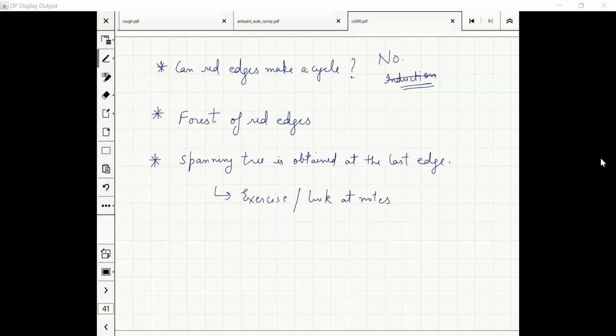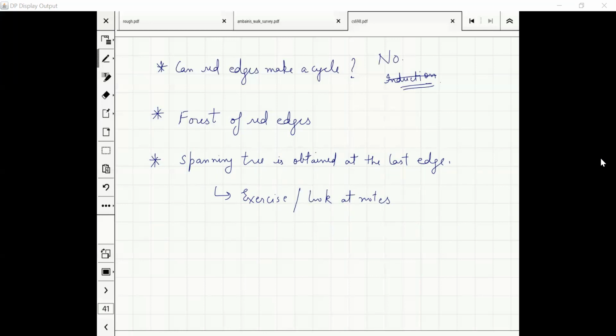You have to remember that if you fix a spanning tree and pick any other edge from the graph, that edge is going to create a cycle in that spanning tree. You are familiar with that? This is a very easy fact to prove.